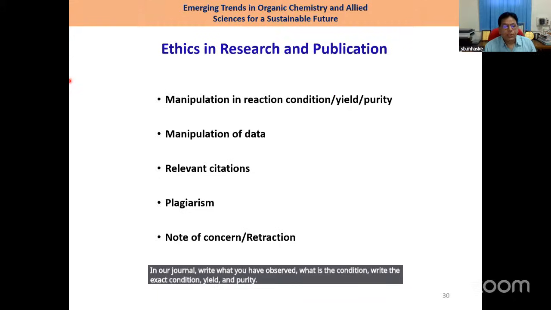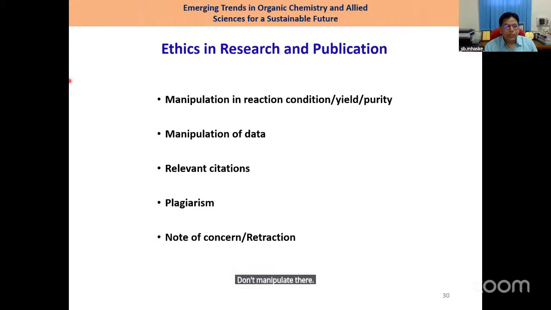Don't manipulate the data that you see, like proton, 13C, HRMS, or any other data. You should not touch the data or manipulate the values.